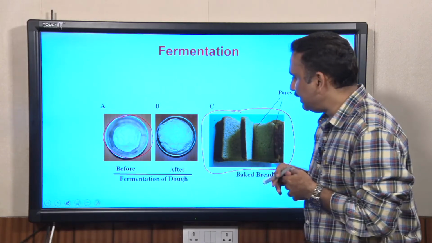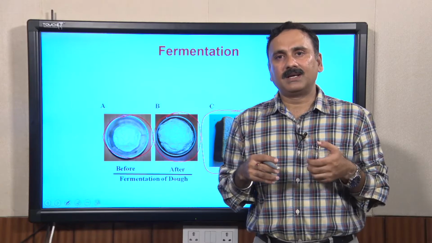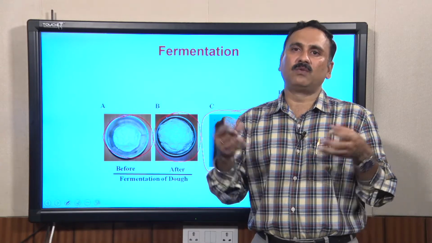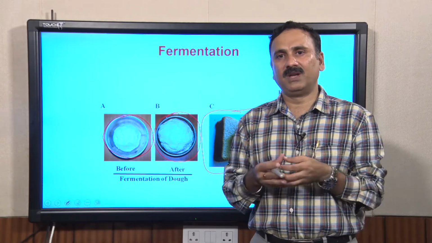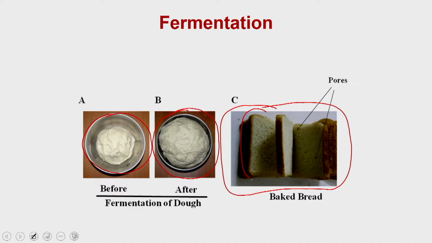When the yeast utilizes the glucose present in the dough, it produces carbon dioxide, and when that carbon dioxide comes out of the dough, it makes the dough very fluffy. That is how you get a spongy texture of the bread, and that is one of the classical examples of the utilization of biotechnology for social welfare.